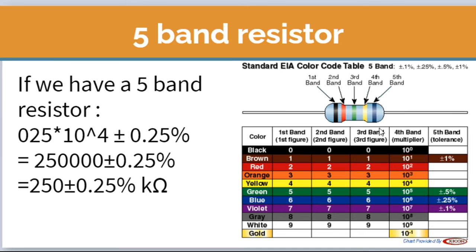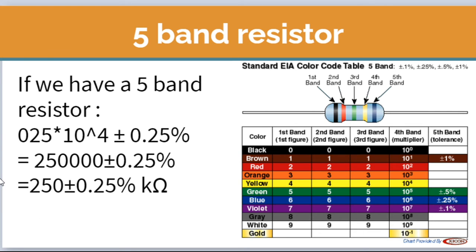The fifth band is blue, and the blue in the fifth band of the 5-band resistor is also a tolerance, and this equals plus or minus 0.25%.